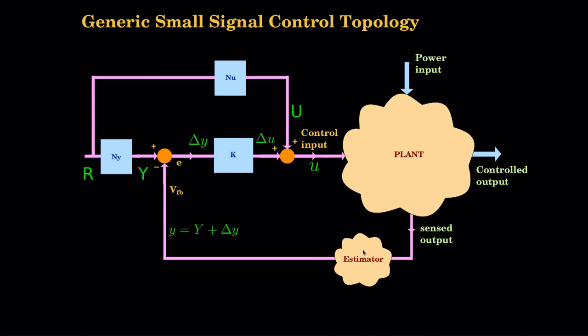Whenever we use an estimator, it is like emulating the plant. We should give the same control input and also take the output of that. So, the estimator should also be given the same input, so that its behavior is as close as possible to the plant. You will take the output of the plant, whatever is measured, and you will take from the estimator also the output, whatever it has estimated.